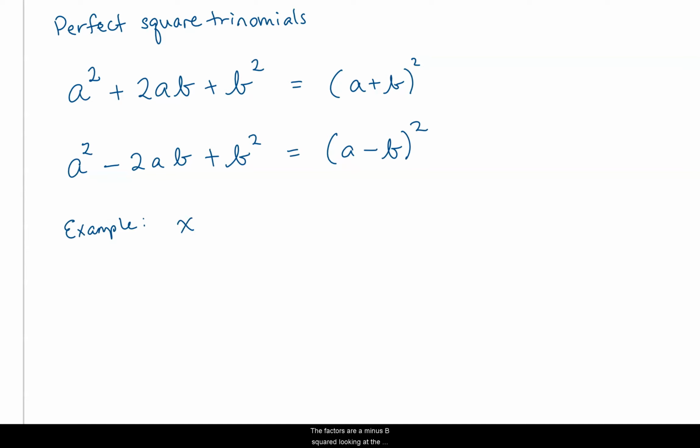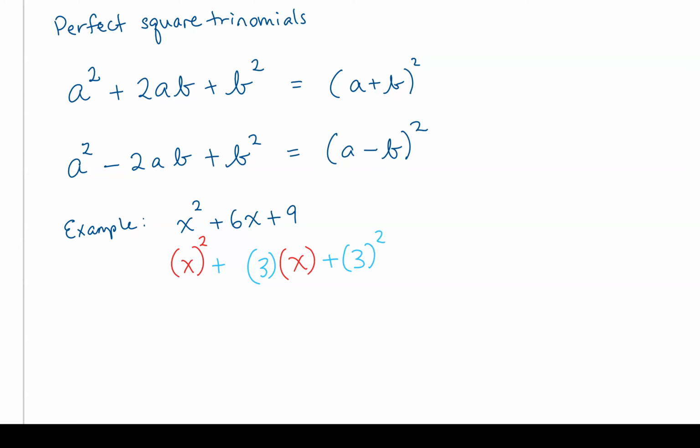Looking at the example we did previously, x squared plus 6x plus 9, and I'm going to rewrite this as the different terms that we have. Hopefully to make it a little bit easier to see that according to our formula above, a is x and b is 3.